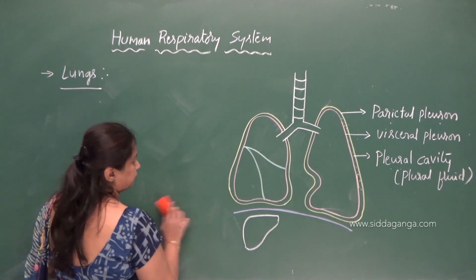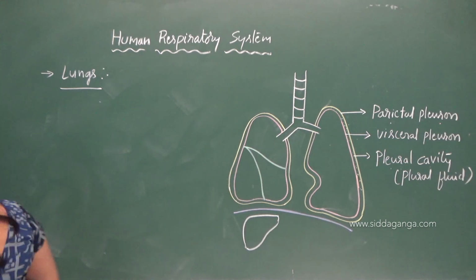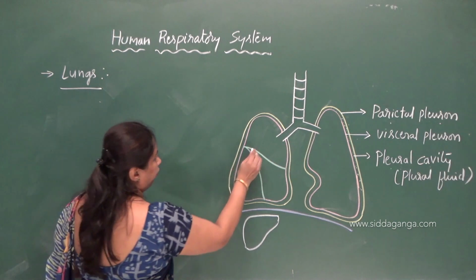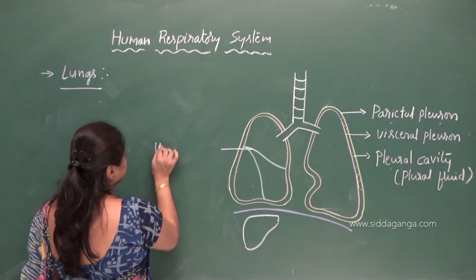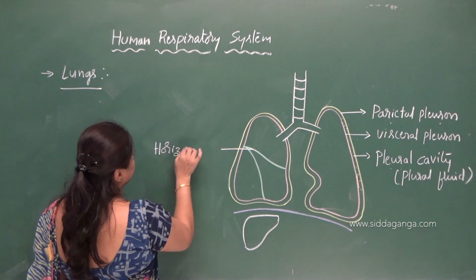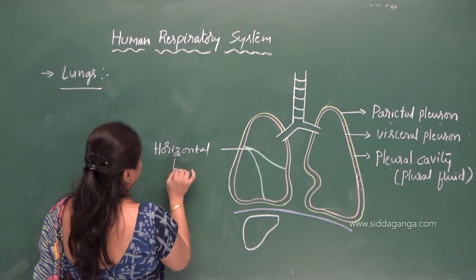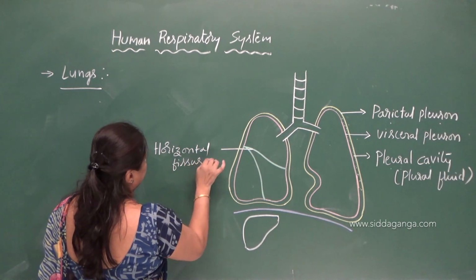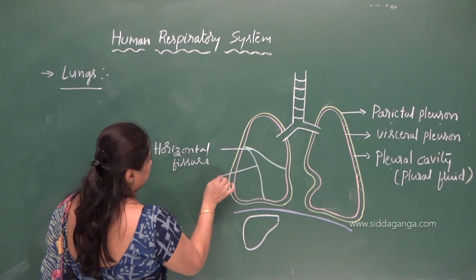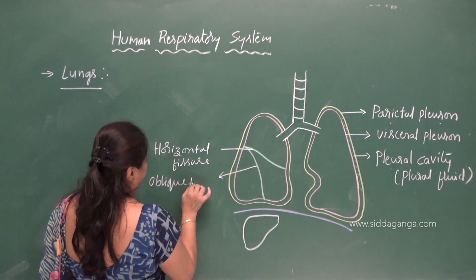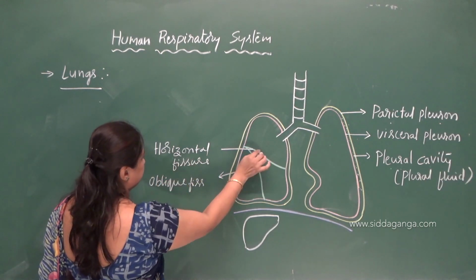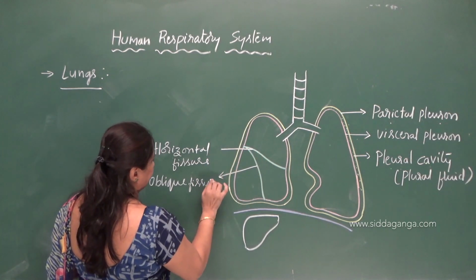Two fissures. This is the horizontal one, and this is the oblique one.